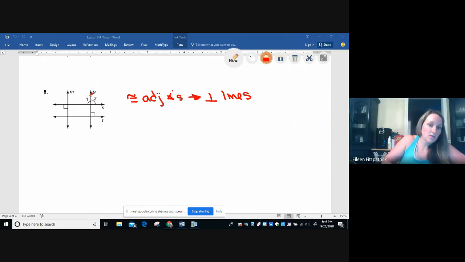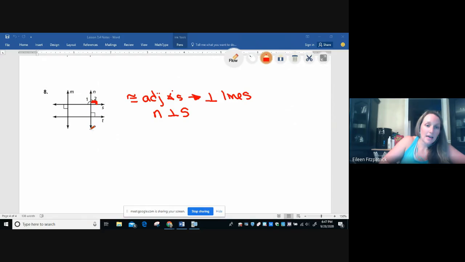So because congruent adjacent angles implies perpendicular lines, that means that N is perpendicular to S. So I have a right angle here. I know they're both 90-degree angles.